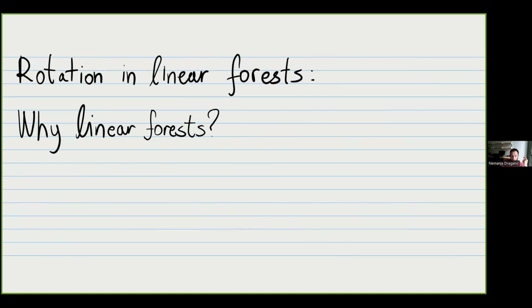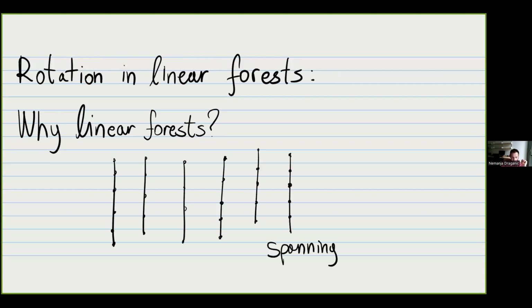So why linear forest? Why do I want to look at linear forests? One conceivable strategy, if you want, say, a Hamilton cycle or a Hamilton path, is to look at a linear forest in your graph, which is spanning. A linear forest is just a collection of disjoint paths.